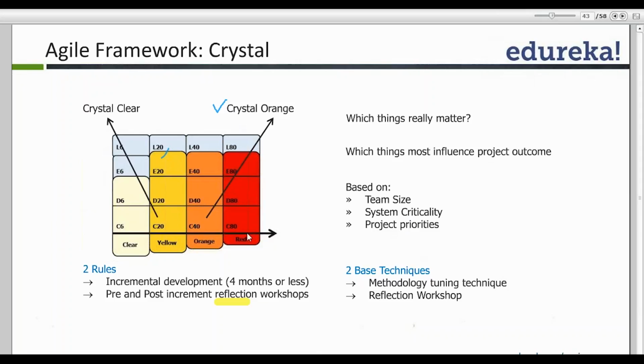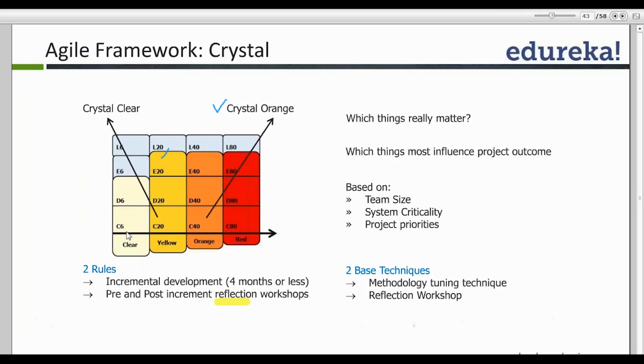The red one indicates it's a very critical project. Clear indicates that it's the least critical from these parameters. So it talks about parameters which impact the project from the criticality perspective, and based on that we come up with a Crystal color coding for the project.